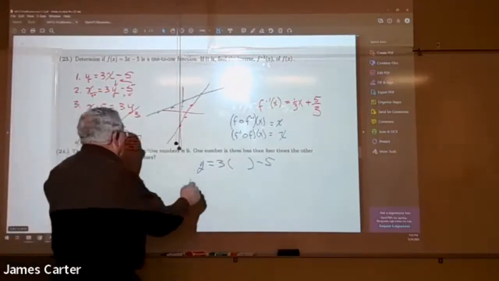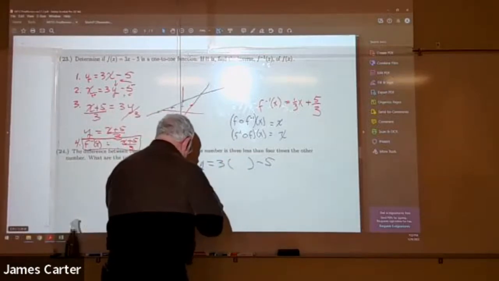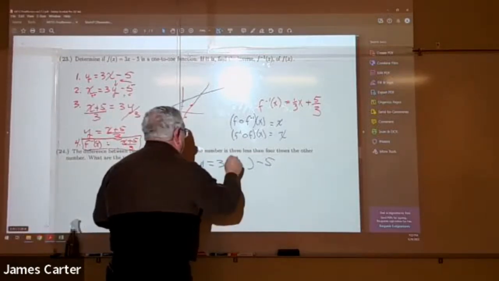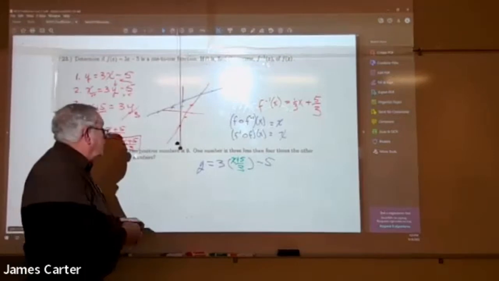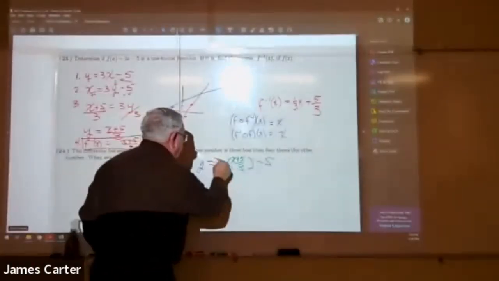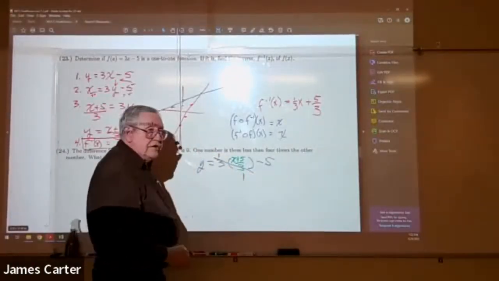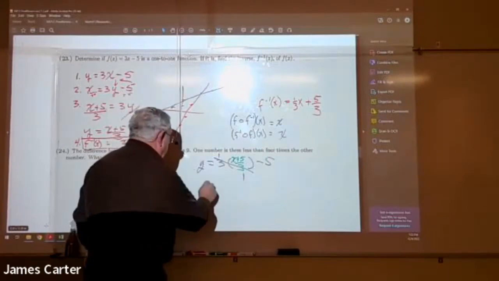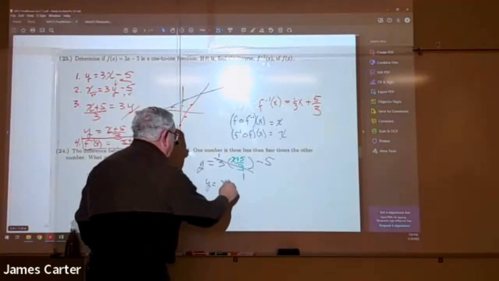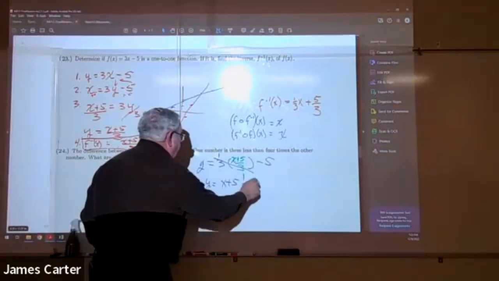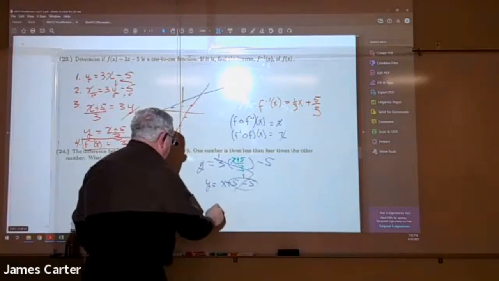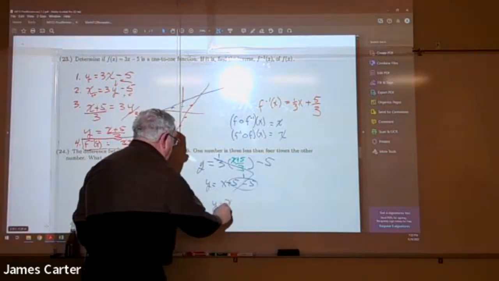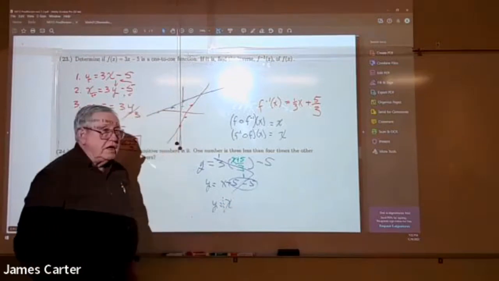Or in this case, X plus 5/3. Well, this 3 and that 3 cancel each other out conveniently. And I get Y equals X plus 5 minus 5. These two cancel out, and I'm left with Y equals positive 1x.